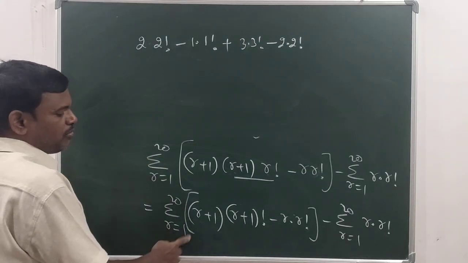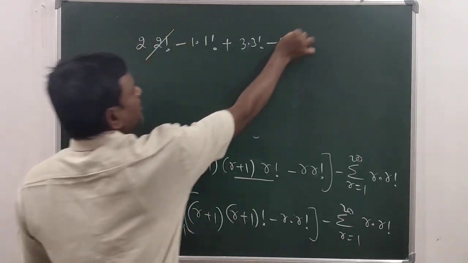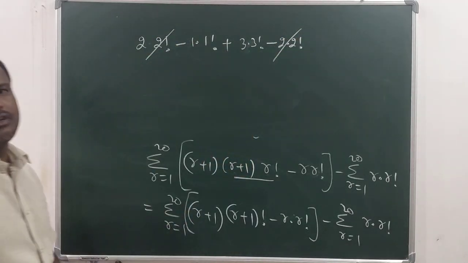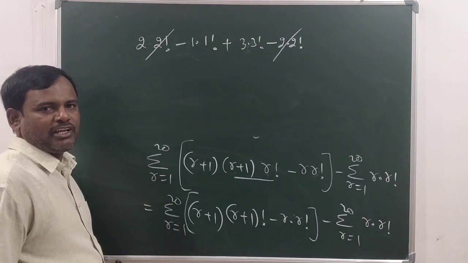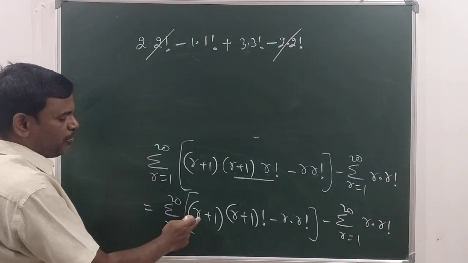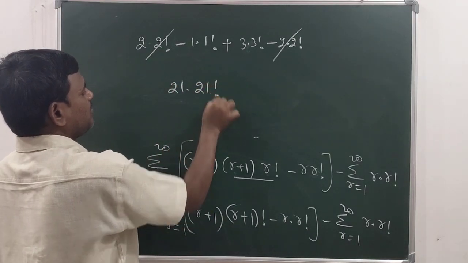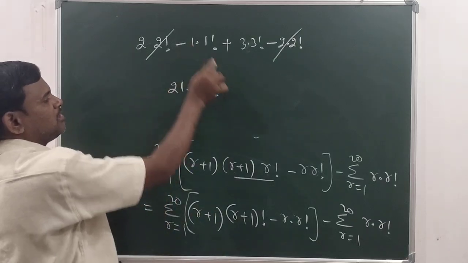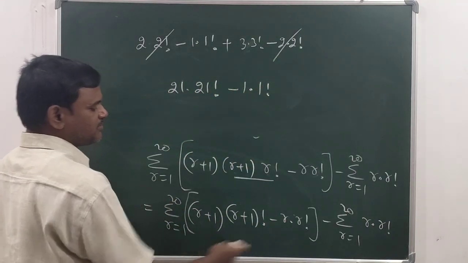Now just r equal to 1, r equal to 2 I kept, I got 4 terms. If I simplify, big and small is leaving. Like that, if I simplify up to 20, the big one will be 20 plus 1, 21 into 21 factorial, minus 1 into 1 factorial will be left on simplifying this.